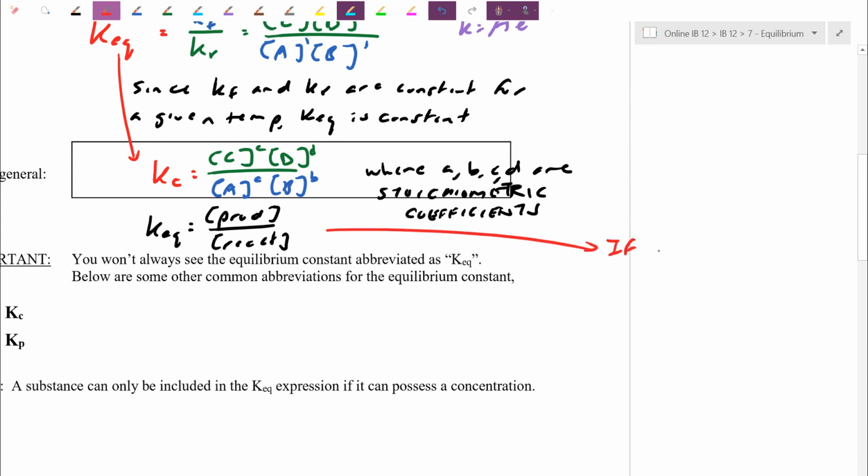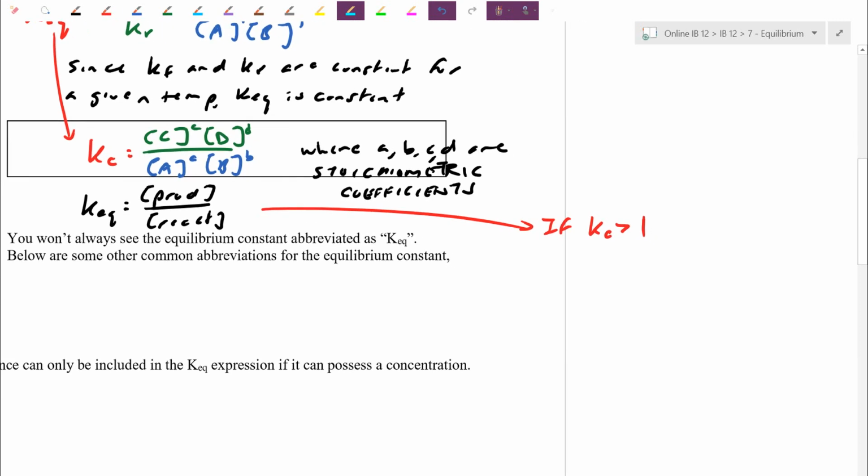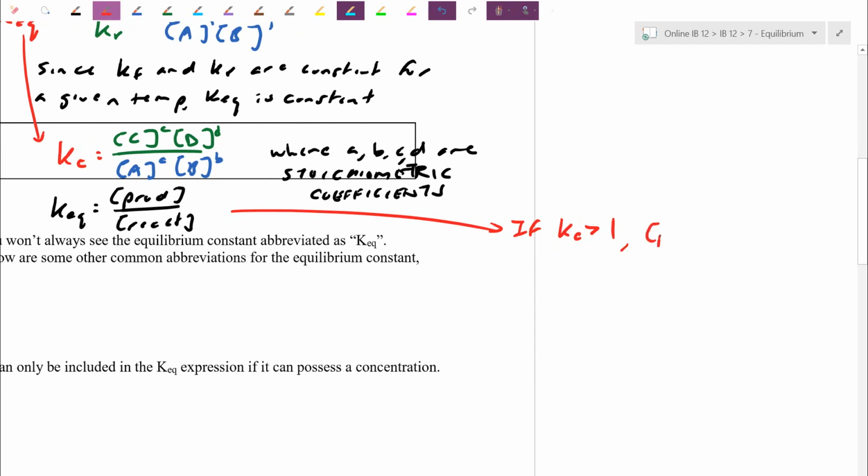If your KEQ or Kc is bigger than 1, for this fraction to be bigger than 1, that means I have way more products than reactants. As I've written, we can say the concentration of products is way bigger than the concentration of reactants. Numerator is bigger than denominator. Because this number is relative to concentrations, and concentration can't drop into the negatives, the Kc can't actually become negative.